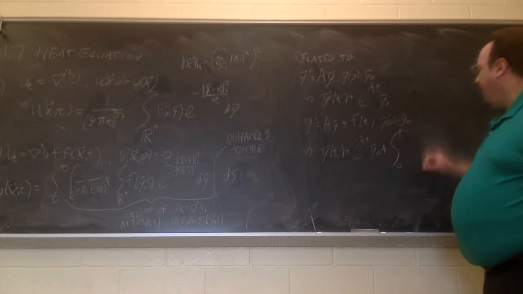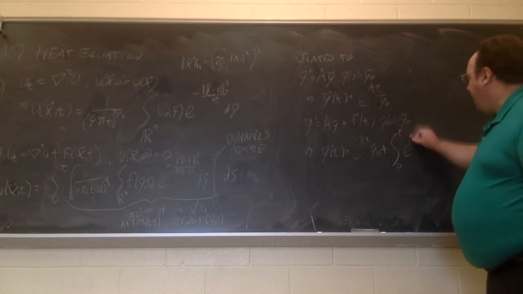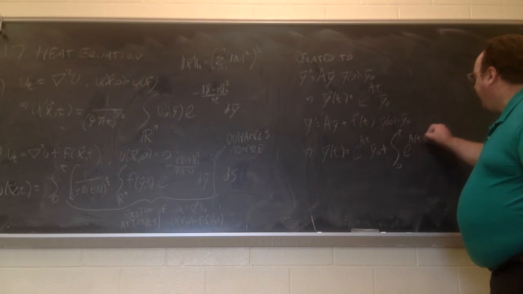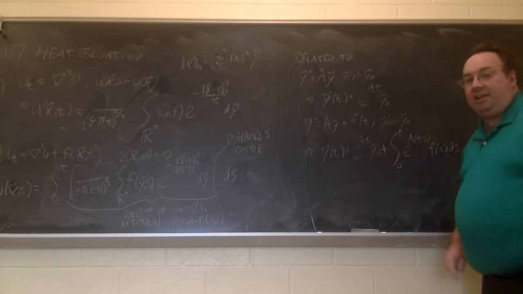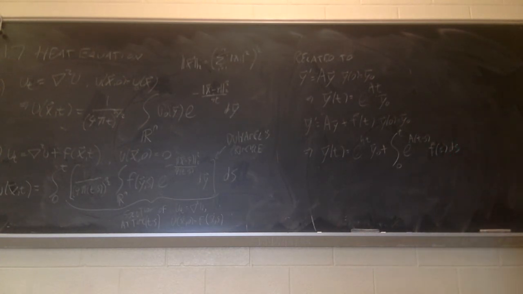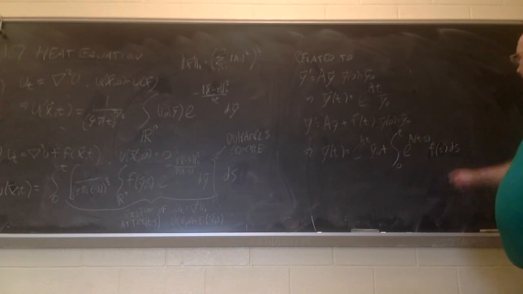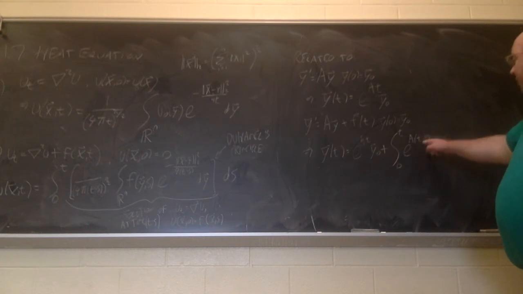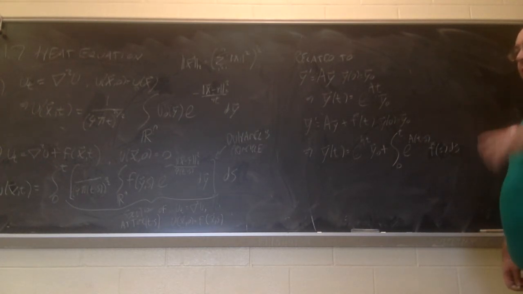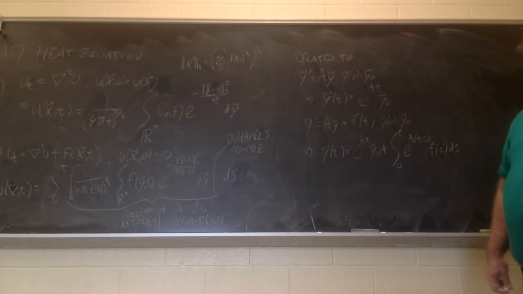Integral from 0 to t, and I'll have e to the A times t minus s times f of s ds. Okay. So again, the time at which the source term is evaluated plus the length of time over which it's evolved adds up to t every time.